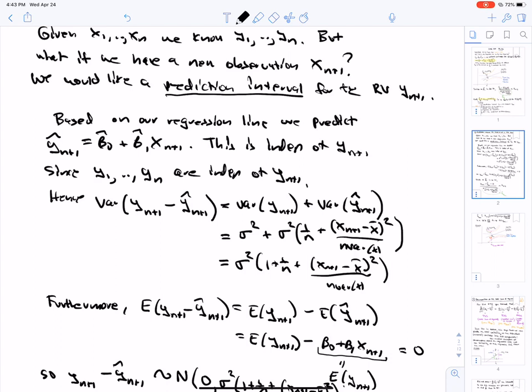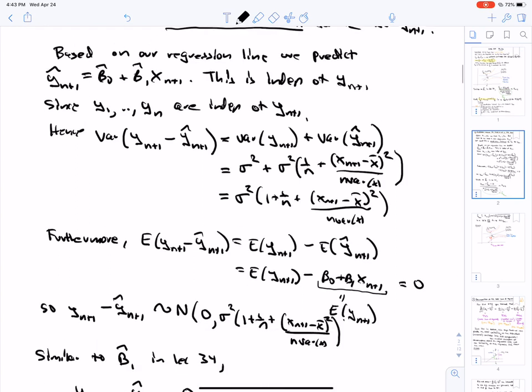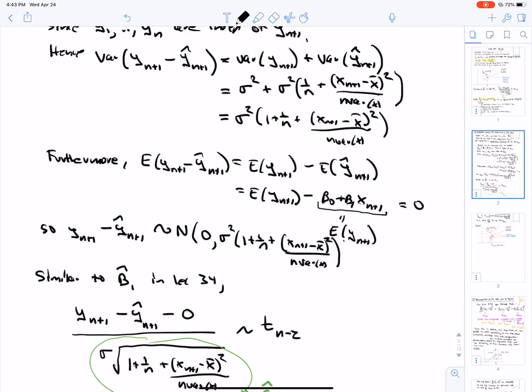So in this formula, x bar is for x1 to xn, and our x is now xn plus 1. Okay, so that's sigma squared times 1 plus 1 over n plus xn plus 1 minus x bar quantity squared over n variance of x.